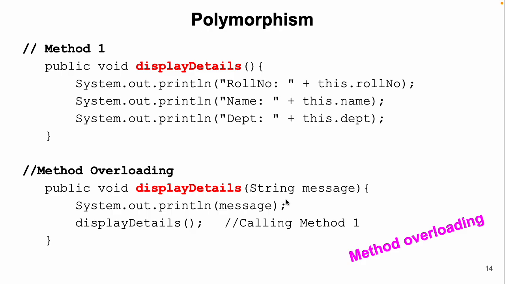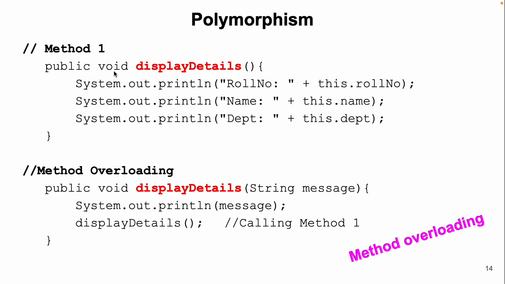I may have another method with the same name with one argument of type integer, or two string arguments, or one integer and one string argument, whatever it may be. Here the method name is the same but the signature differs. Sometimes the return type may also vary.